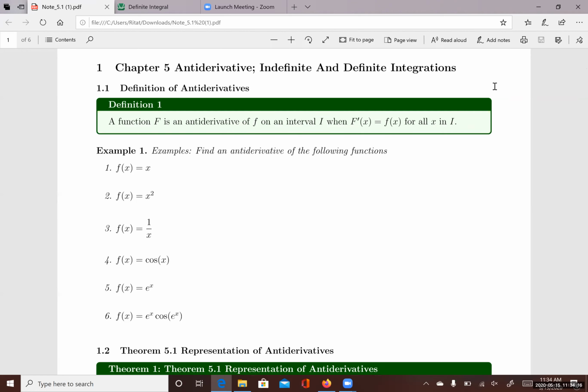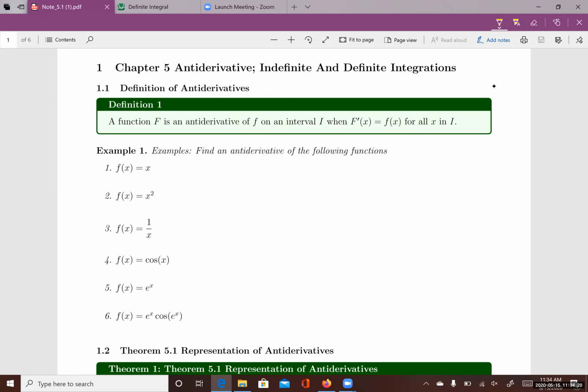For example, if you're given the function f of x and you want to find the antiderivative function big F of x, then you just need to find the function whose derivative equals small f of x.